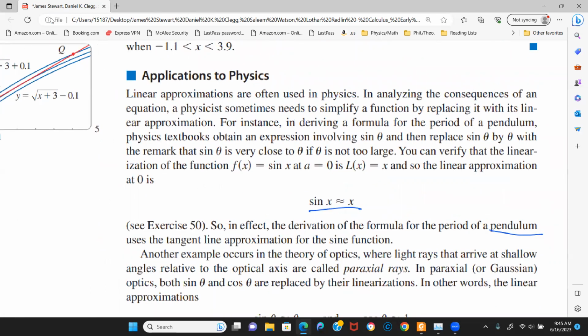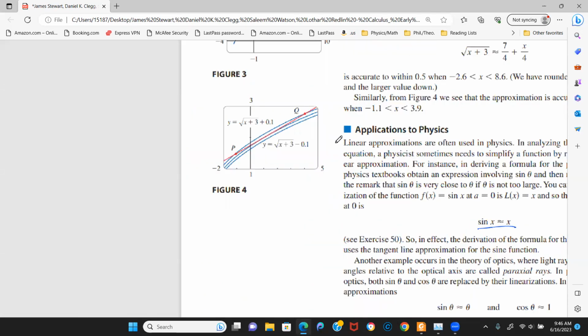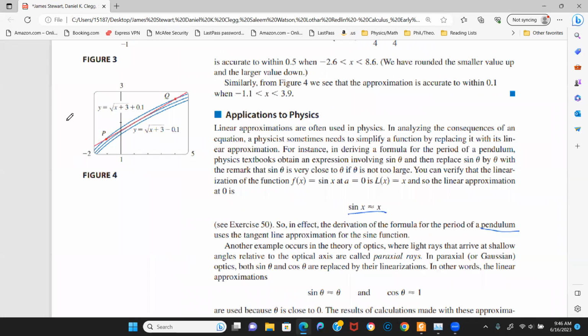Where did this go? Something's wrong with this. I lost my pen up here. Let me stop for a second and figure out what's going on. Feel free to skip this, of course. Oh, I can't.